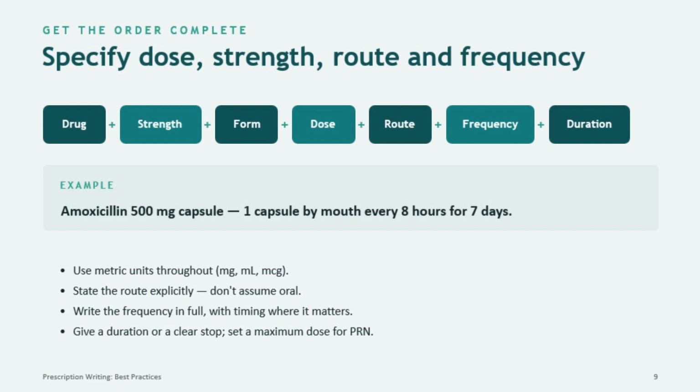A few reminders: use metric units throughout, state the route explicitly, never assume it's oral, write the frequency out in full, with timing where it matters, and always give a duration or a clear stopping point and a maximum dose for anything taken as needed. Complete beats clever every time.